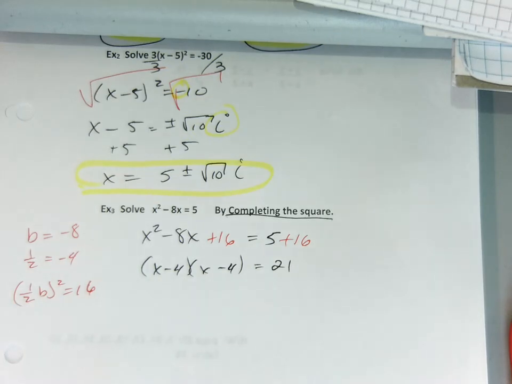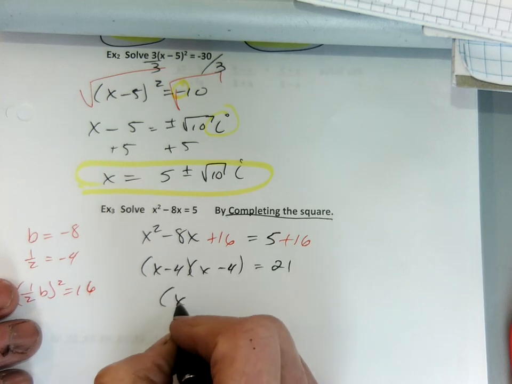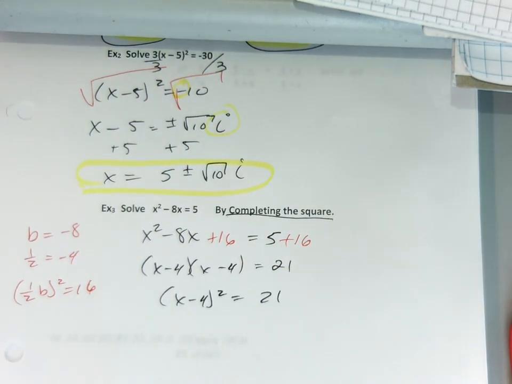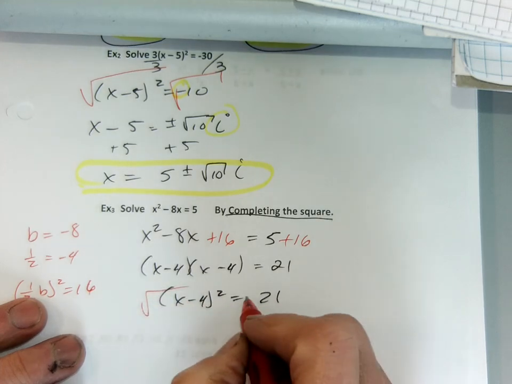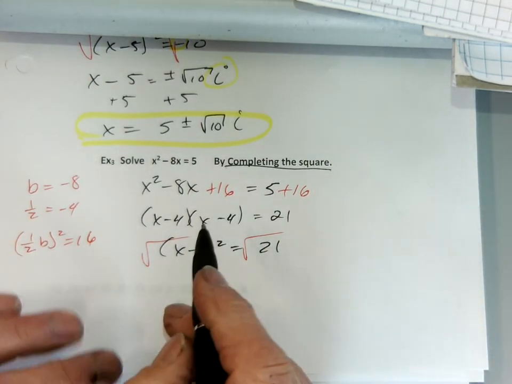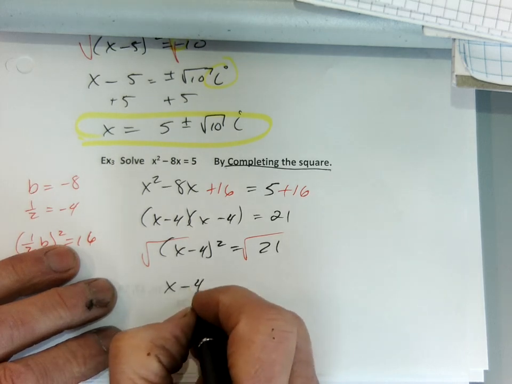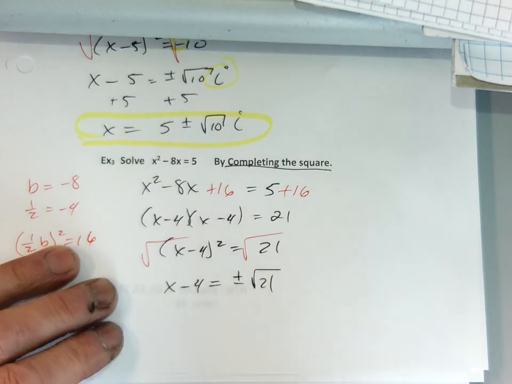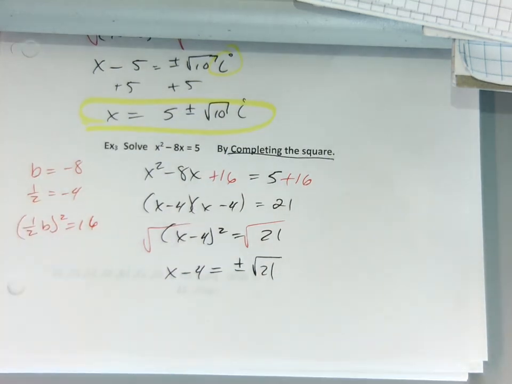I can rewrite it as x minus 4 quantity squared, right? So now I'm just going to solve it. Square root it, all right? And I'm going to get x minus 4 equals plus or minus the square root of 21, right? Okay, and then plus 4, right?